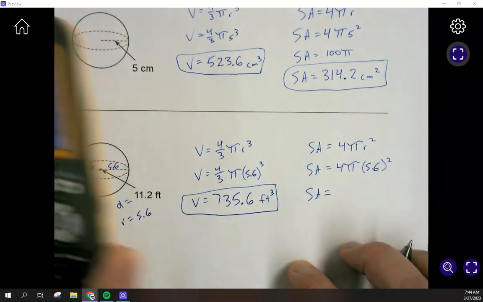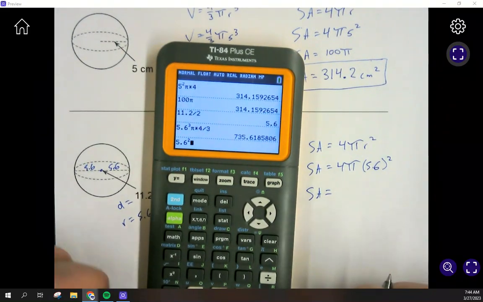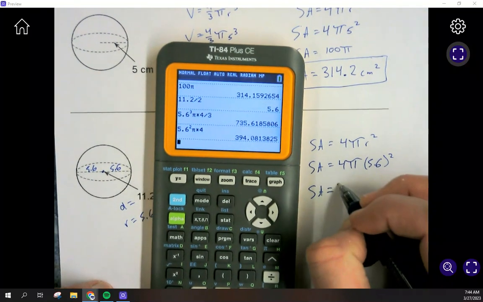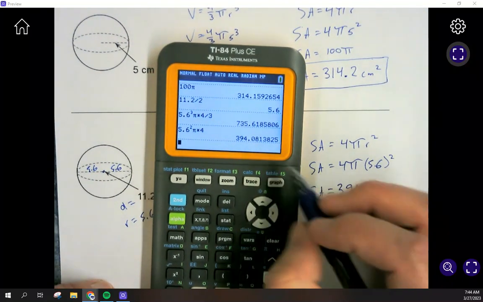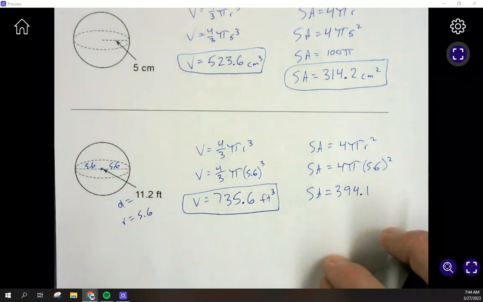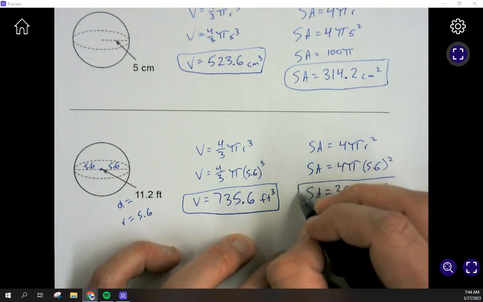And let's go straight to our decimal answer here. So 5.6 squared times pi times 4, 394.0, but the 8 will bump it up to 394.1. And the units here again were feet, and this is area, so it's squared.